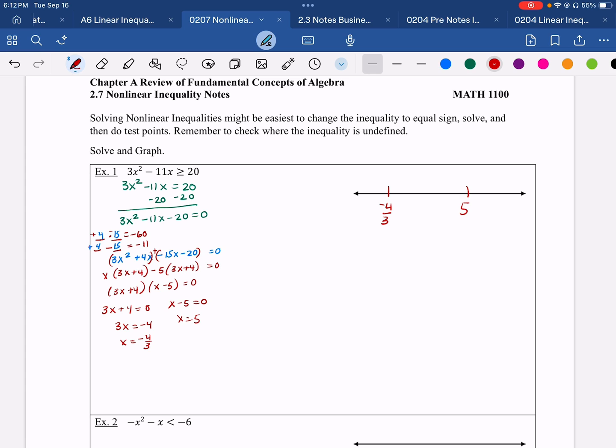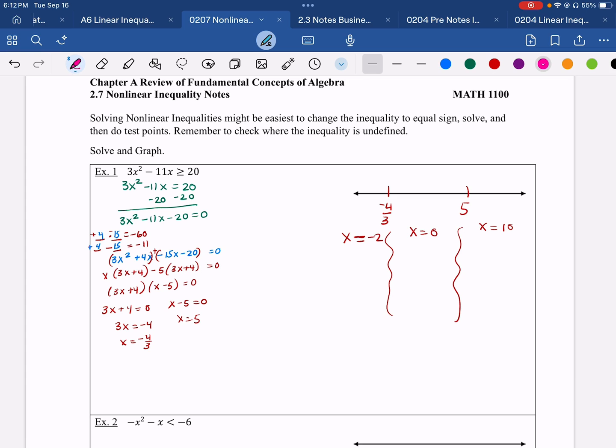The middle one, x equals 0. On the right, you could do x equals 6. If you want to pick an easy number, maybe x equals 10 is an easy number to you. Negative 4 thirds is negative 1 and 1/3, so x equals negative 2 is a pretty easy number.